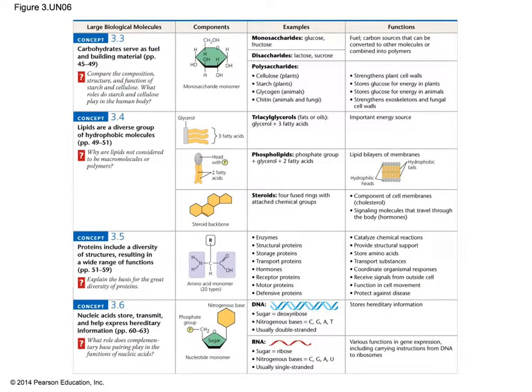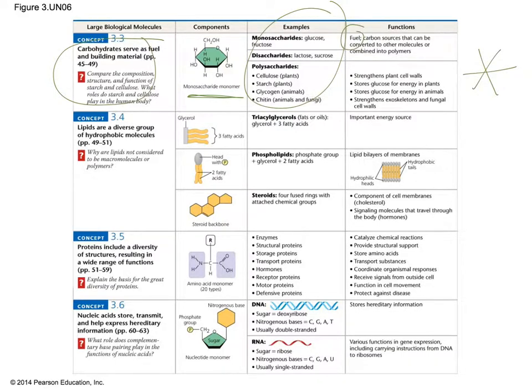The last slide goes into just a review of all the different biological molecules. So again, we've got this summary of carbs. It shows you that monosaccharides would be that monomer unit. These are different examples of carbohydrates. And then this would be their function. Main function is energy.